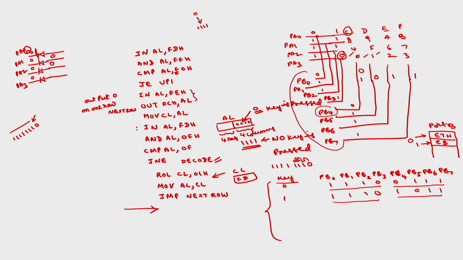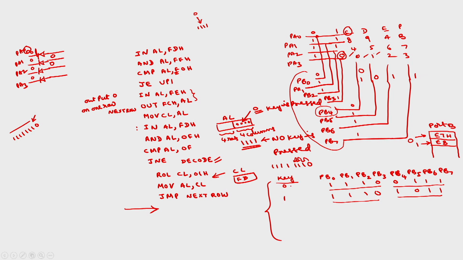Okay. So the codes corresponding to a key press. When the 0 key is pressed, in order to detect that key, PA0 to PA3 will contain 1110, but this is connected to here. So PA0 is PB0, PB0 is 1 only.